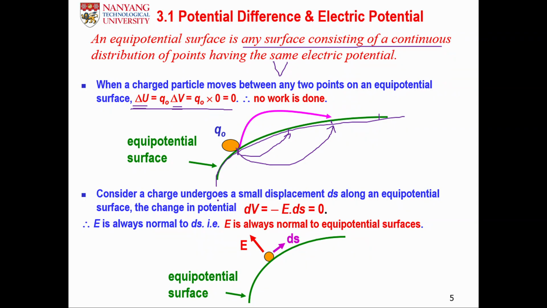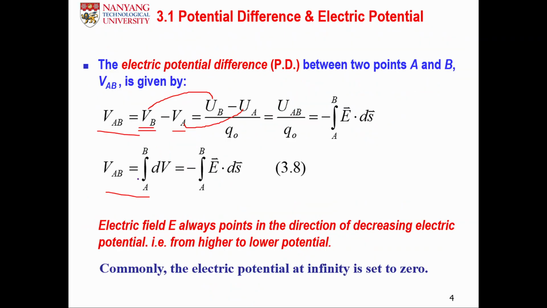And the second property is, if delta V is always 0, then we already know the relation between VAB and the electric field E. If VAB is always 0, this dot product is always 0. How can you make sure the dot product is always 0? Cosine 90 degrees: E and ds are always perpendicular.